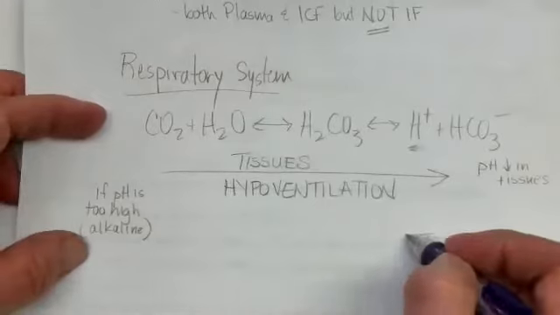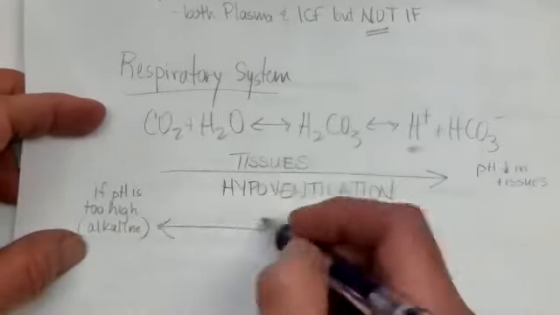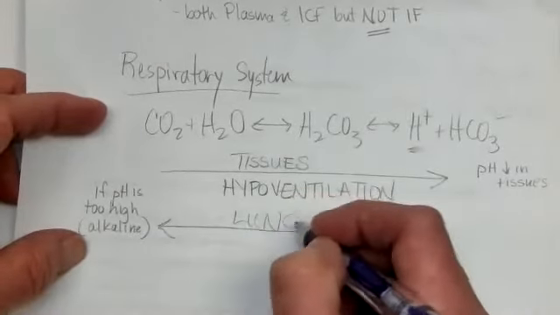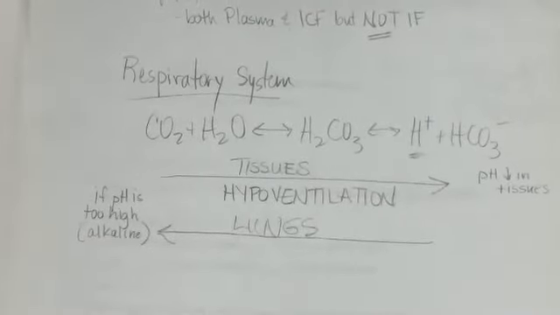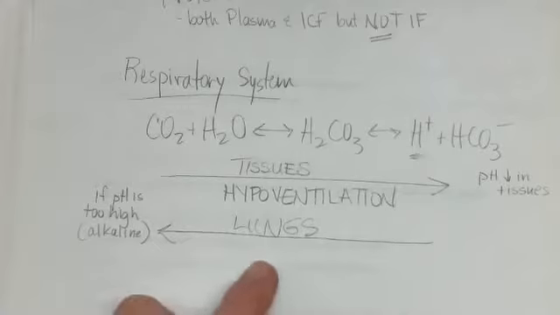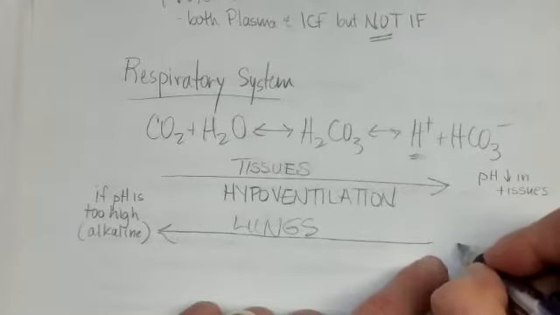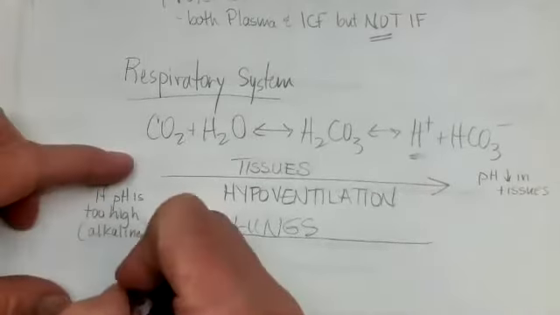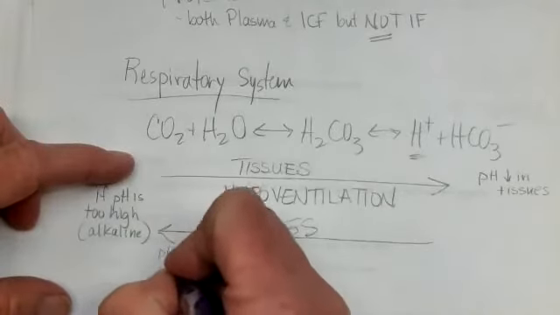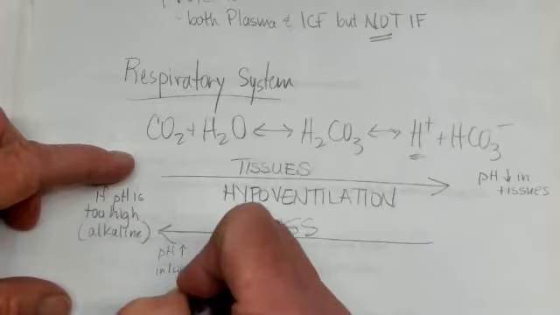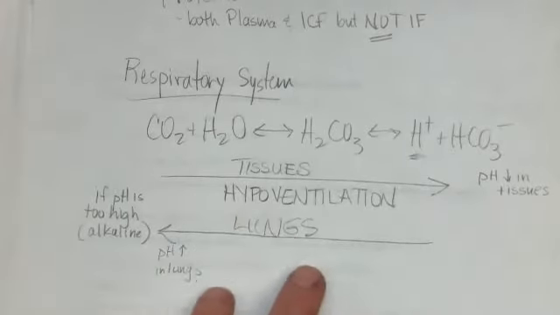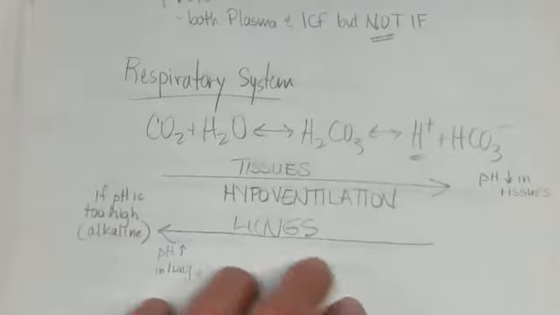Conversely, if we go over here, we know that the reaction works to the left in the lungs, because we already learned that. So the result is pH is high in the lungs. So when would I want to do this? How could my lungs be fixing this?